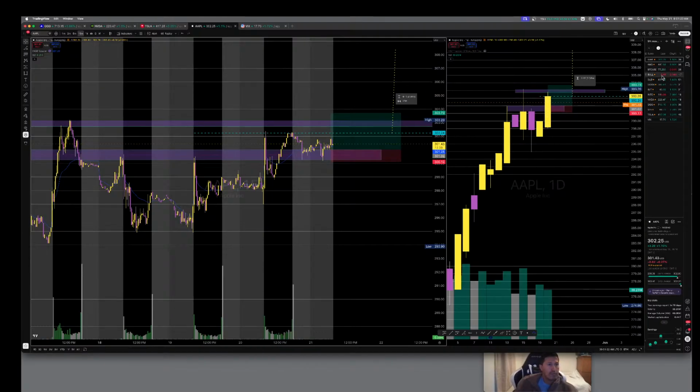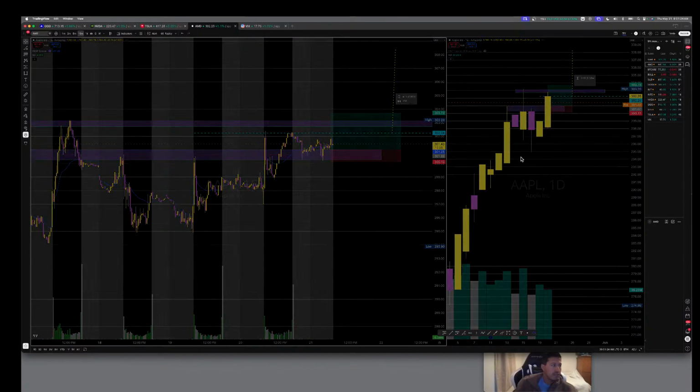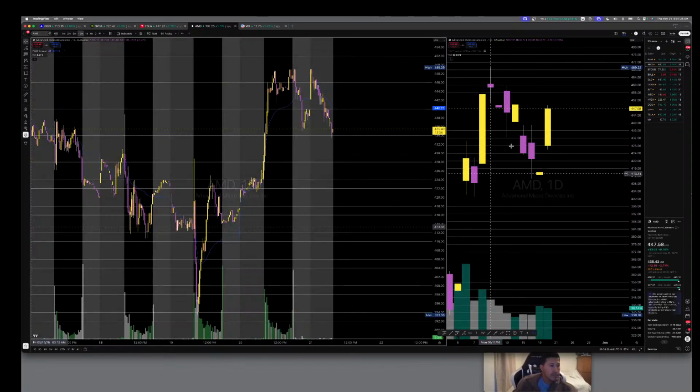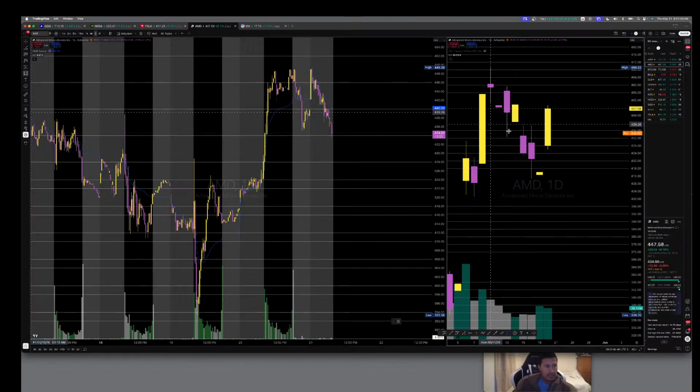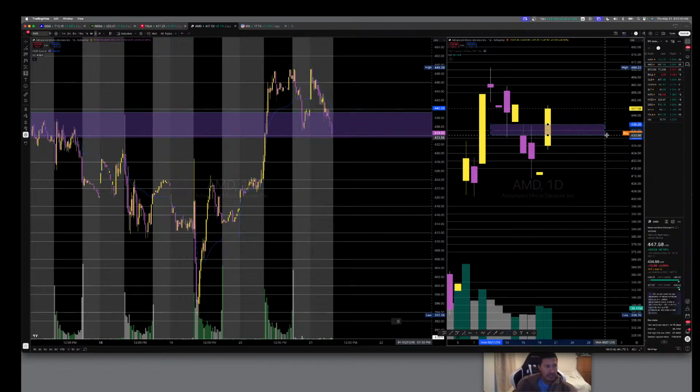So that was Apple. Now let's do AMD. It's in the body, way below, in the wicks. Well, the wicks just represent indecision or undoing. So it can go either way.